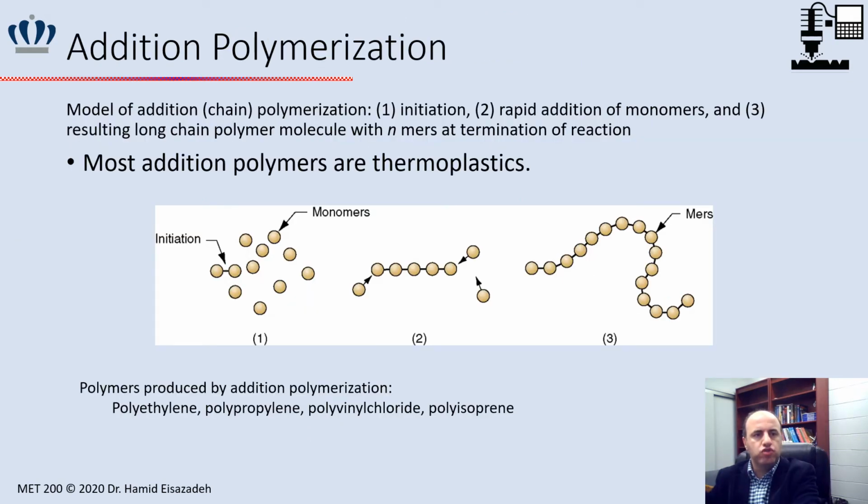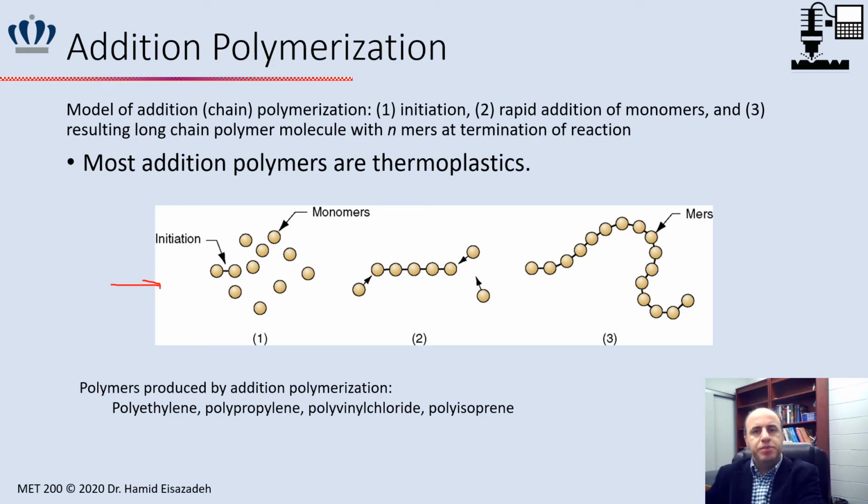This schematic shows addition polymerization. As you see, we have three steps. In the first step, we have initiation, where a couple of molecules are connected, joined together. Then we have a rapid addition of these monomers that will be connected together.